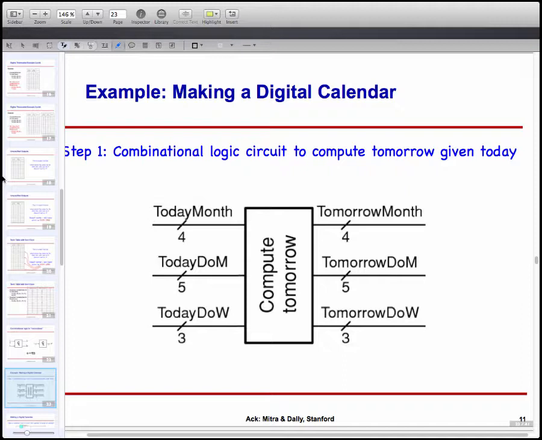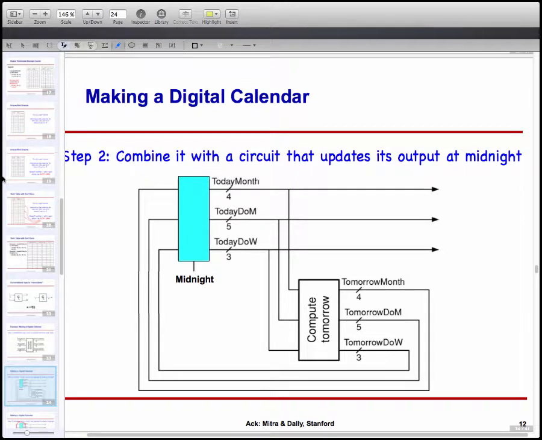I can design the combinational logic, but a digital calendar at midnight should move to tomorrow, right? So I have today, I can compute tomorrow, and at midnight I want to shift it. I make the output be tomorrow, but not at other times. One way to do this is to introduce a special circuit block, this cyan colored thing, and it has a signal at the bottom, midnight.